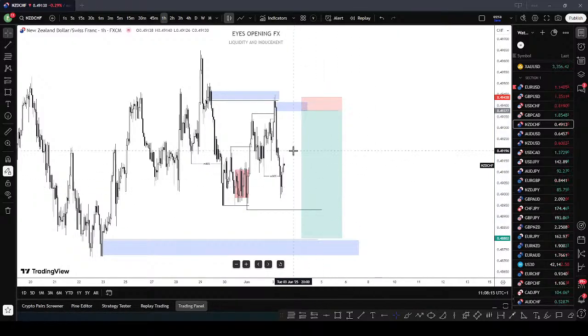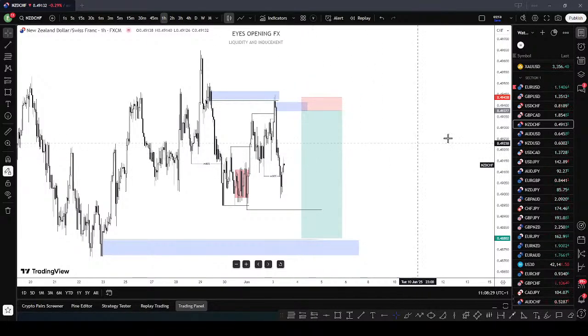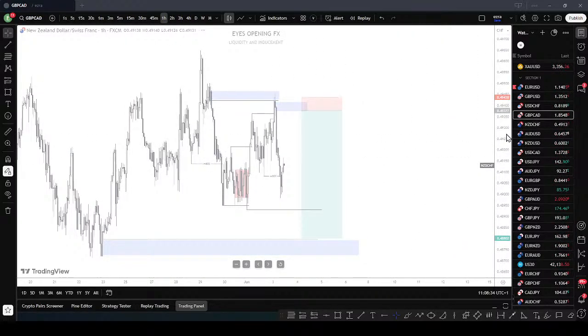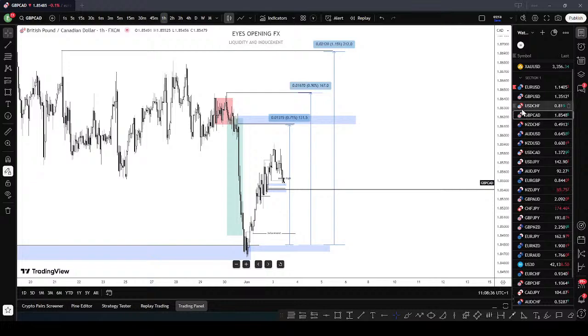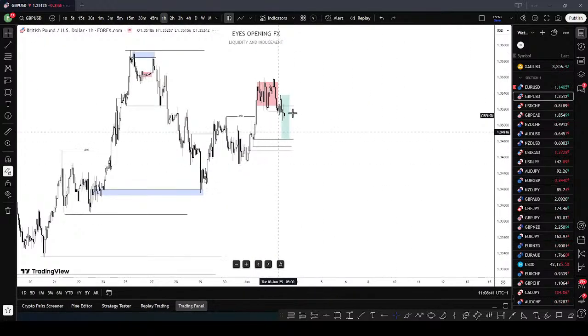This is not financial advice, all right? This is trading, which works best when you are following the rules, your trading plan, and risk management. These two are very, very important. So this, this, and this buy.